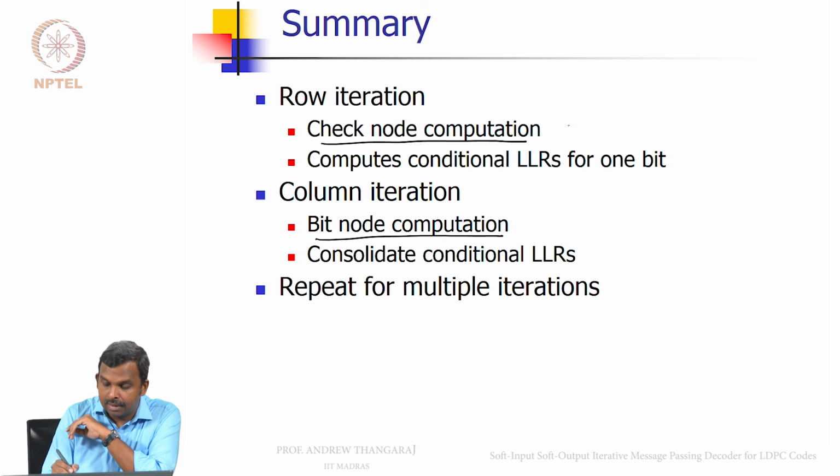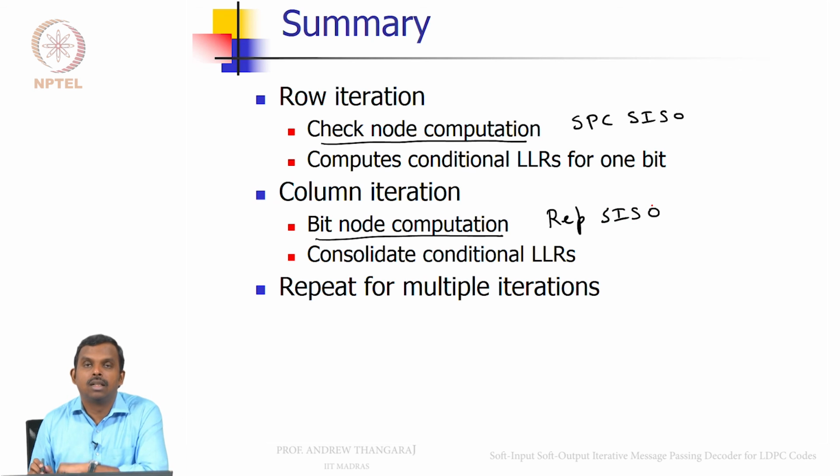This is a SPC SISO, and this is a repetition SISO. Both of them, with some approximations, can be made to involve only linear operations, either additions or minimum or something like that, in the sense that no major non-linear function is going on. It is a very easy thing to implement.